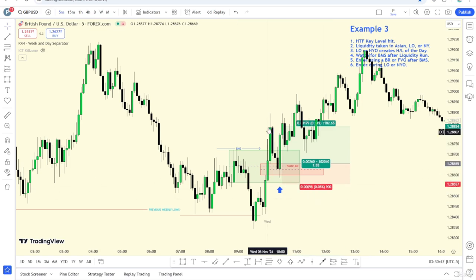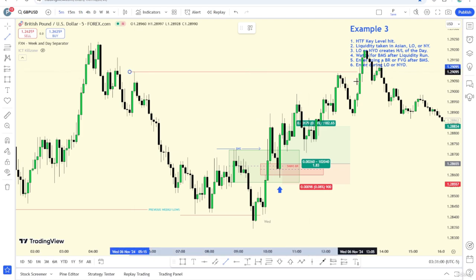It's about 9.8 pips. Then our targeting now, we look at the left side of the chart. We look for liquidity, any liquidity that is available. That's our target. So we have this high right here as our first target. You can see it was taken out at 13:10 p.m. We also had this high back here, which was also near term.